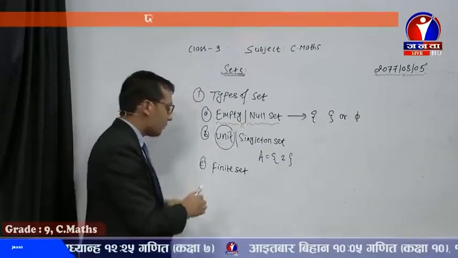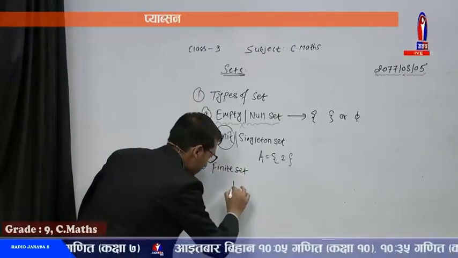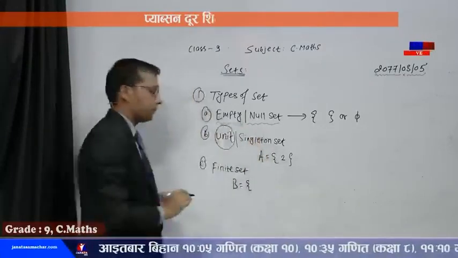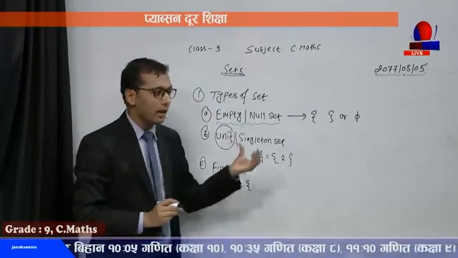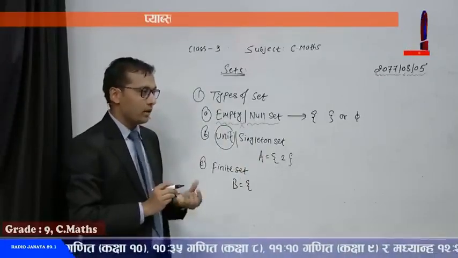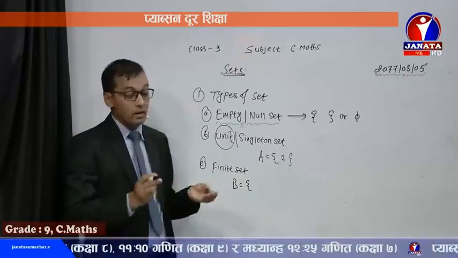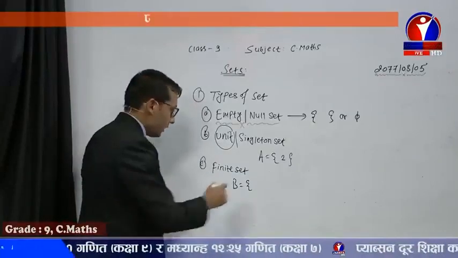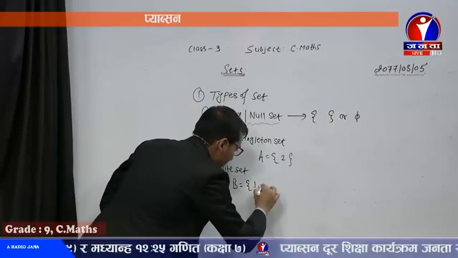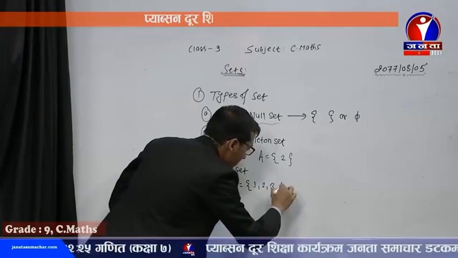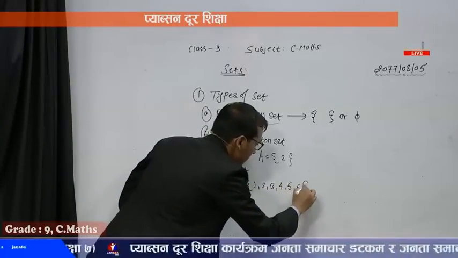So what can be the example? If we denote this set by B, let's write what are the elements under this. You can take any elements. It can be any alphabets or numerical digits. Let me take 1, 2, 3, 4, 5, 6.